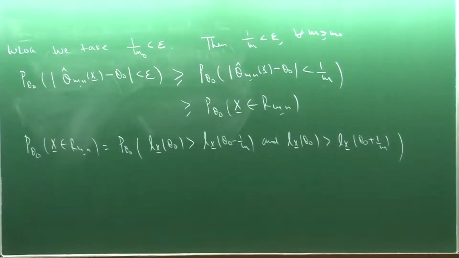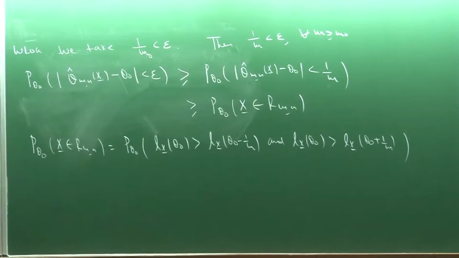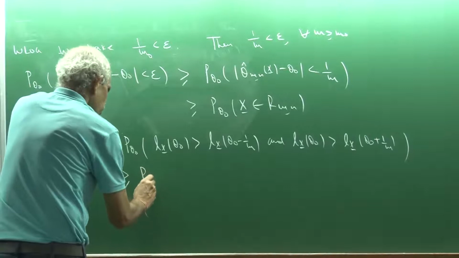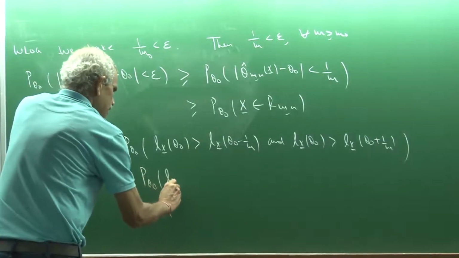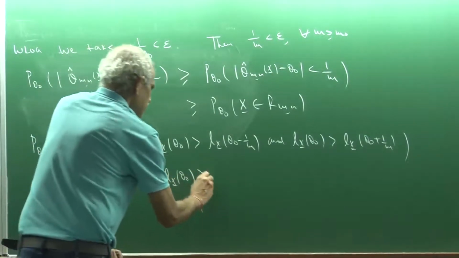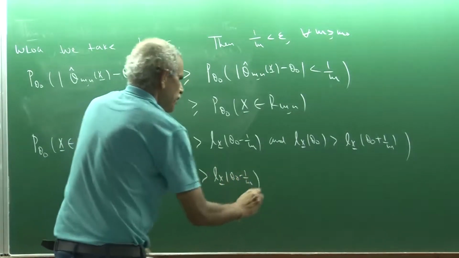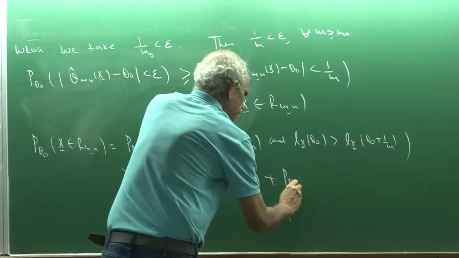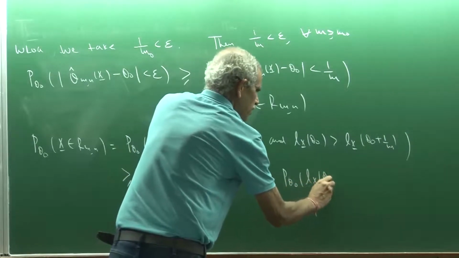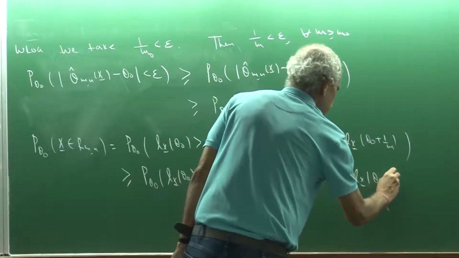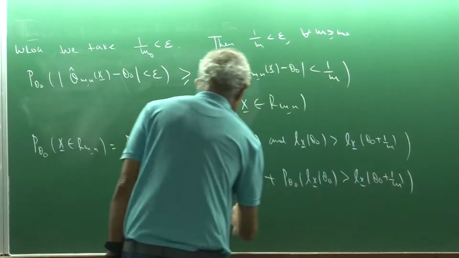And this is always greater than or equal to P theta naught of Lx theta naught is greater than Lx theta naught minus 1 by m, plus P under theta naught of Lx theta naught is greater than Lx theta naught plus 1 by m, minus 1.